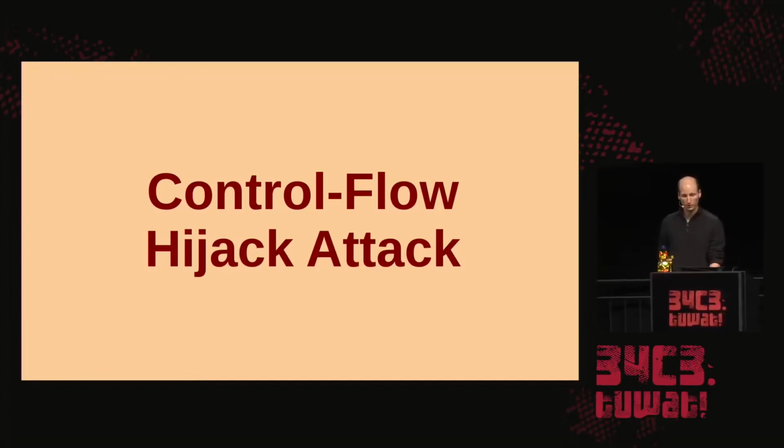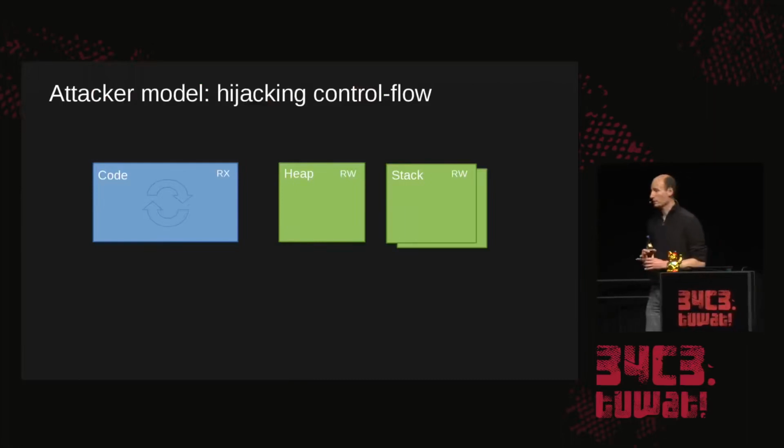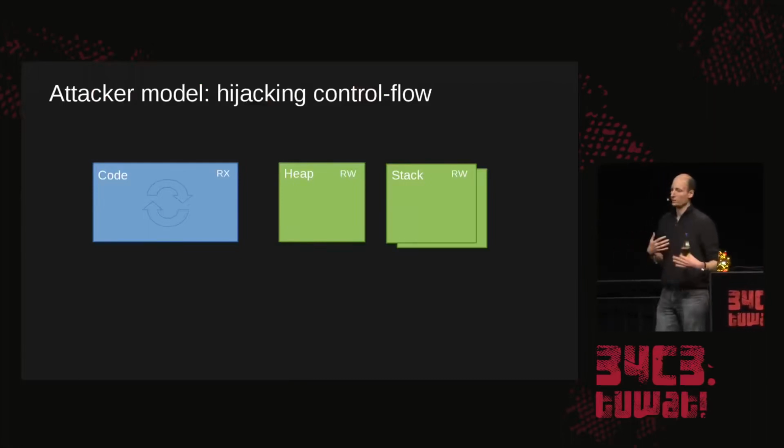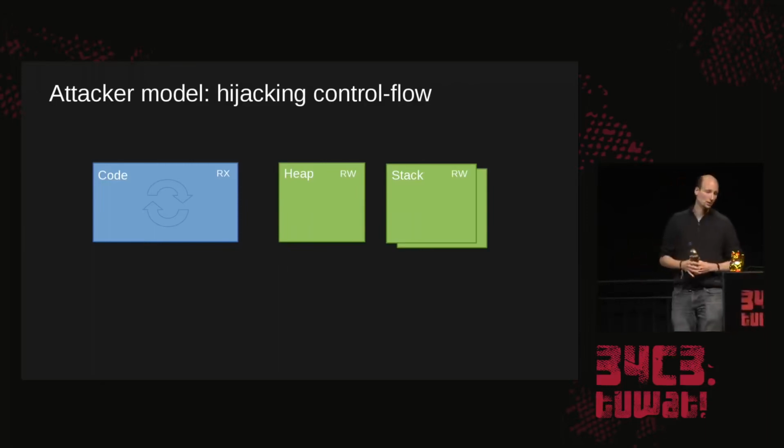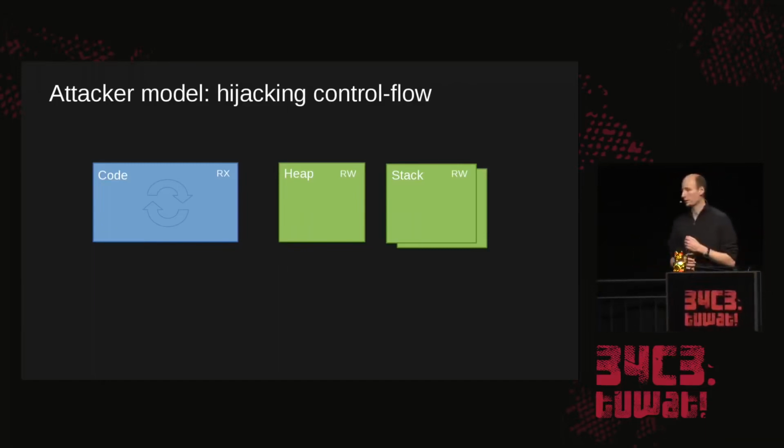For a control flow hijack attack, what an adversary does is influence the address space of an application, of a process, to readjust the different forms of code pointers and the data of the application so that it executes something different.